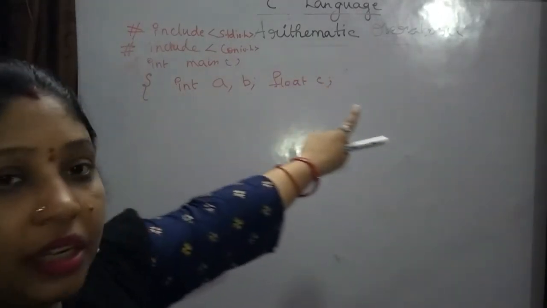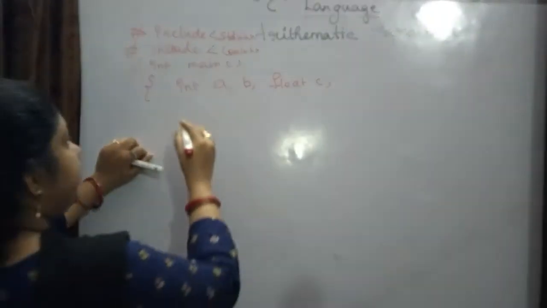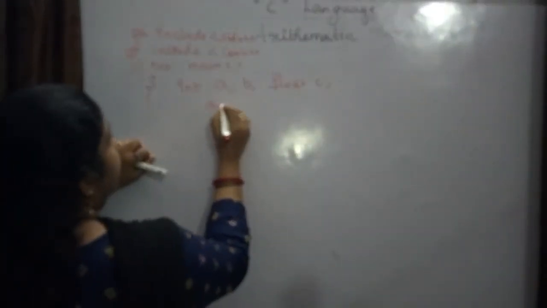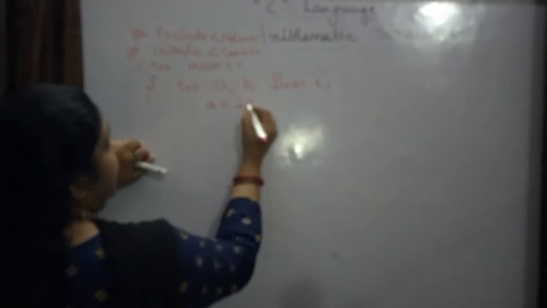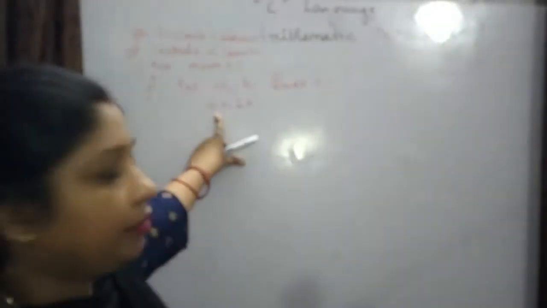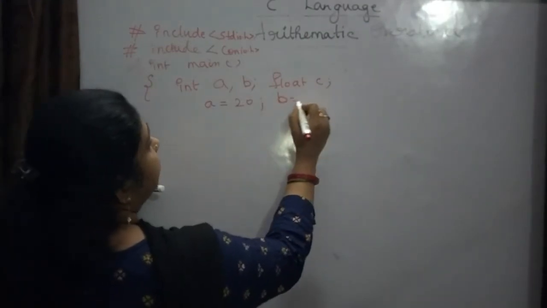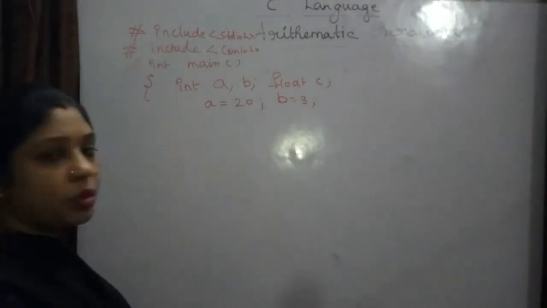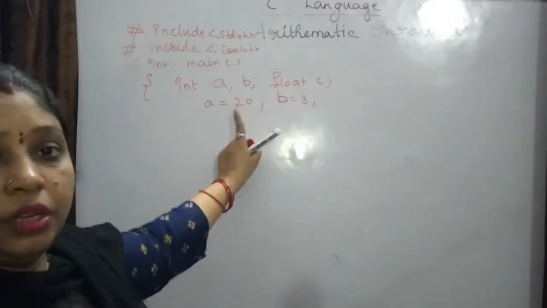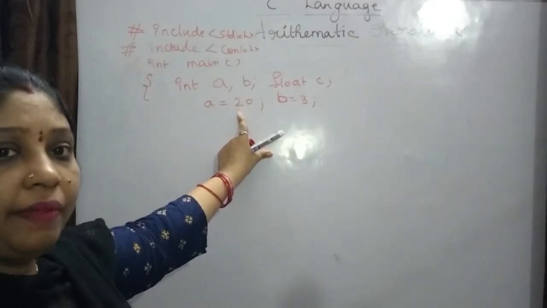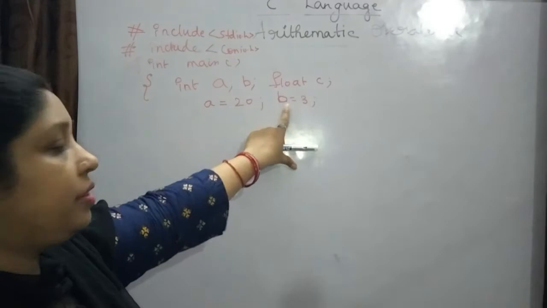Now this part is declaration. Now after declaration I am going to assign values to the variables: A equal to 20 and B equal to 3. I have assigned numerical values 20 to A and 3 to B.